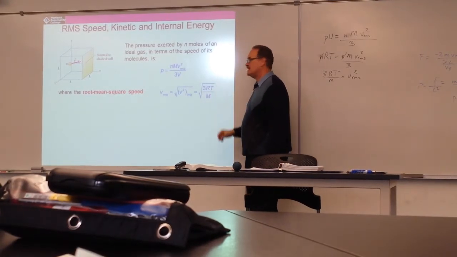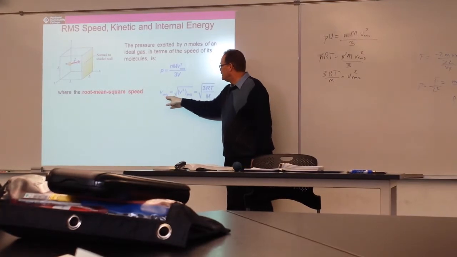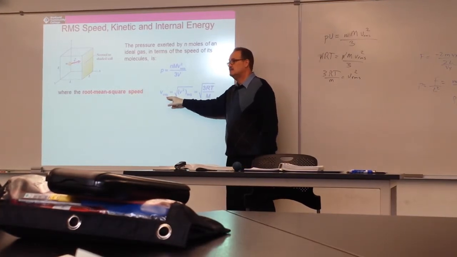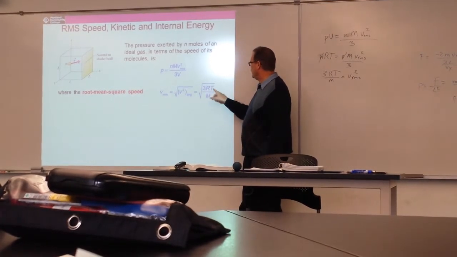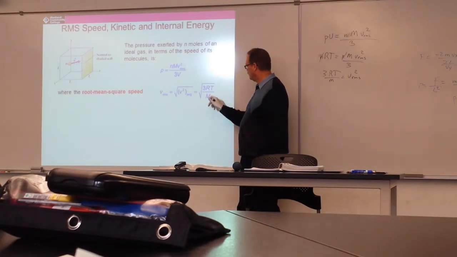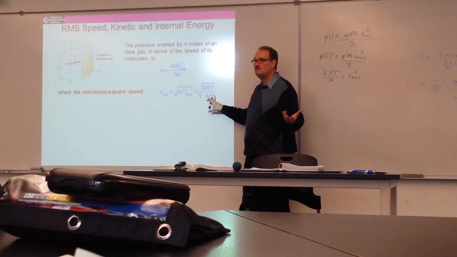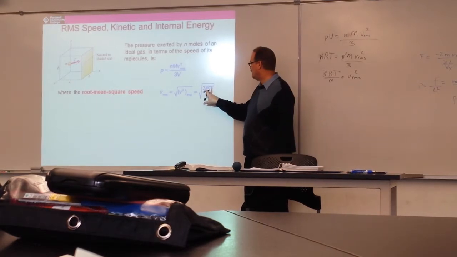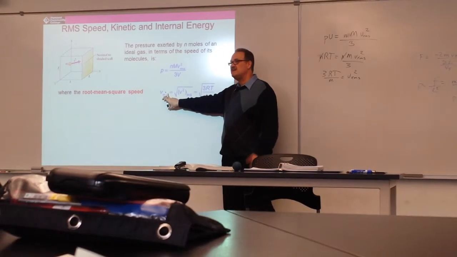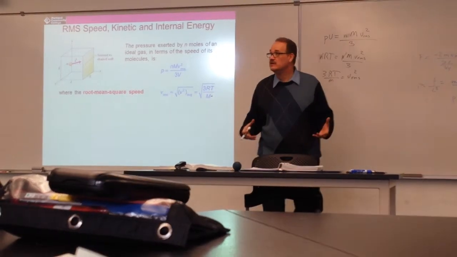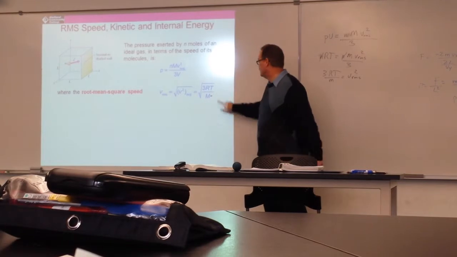So for an ideal gas, the root mean squared velocity is the square root of 3RT over M. Well, notice M is a constant, it's a property of the gas. It depends on what kind of molecules are in the gas. R is a constant, 3 obviously a constant. So that tells me the RMS speed, how fast the molecules are going, depends on the temperature.